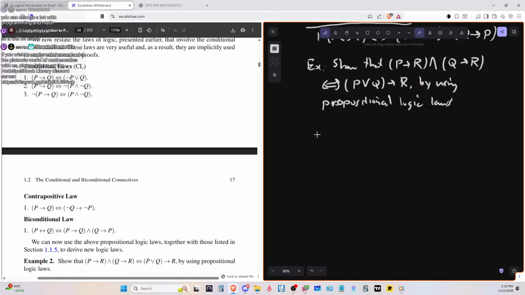Let's see. So we start out with this, and this is supposed to imply, or if and only if, P or Q. I feel like this is something with De Morgan laws, but usually for De Morgan laws you see a negation.